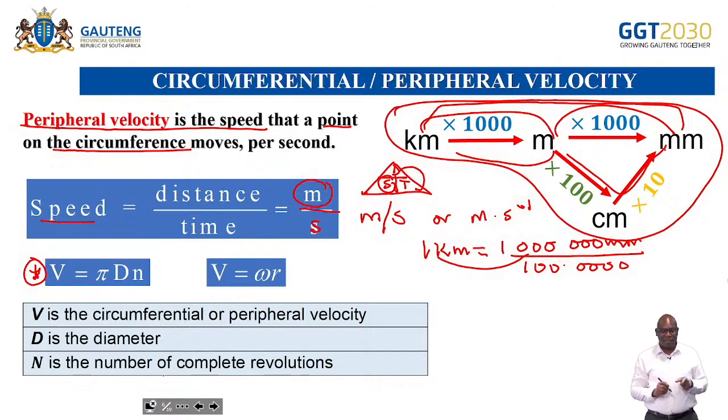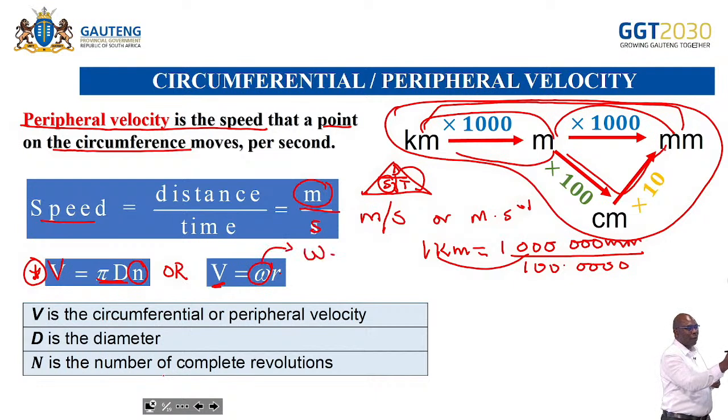Now, the formula for circumferential velocity is written as v, which is velocity, equals pi d multiplied by n, or we can use the formula v equals omega multiplied by the radius. These two formulae are the same. If I can just quickly show you. Remember what omega was? Omega was equal to 2 pi n.